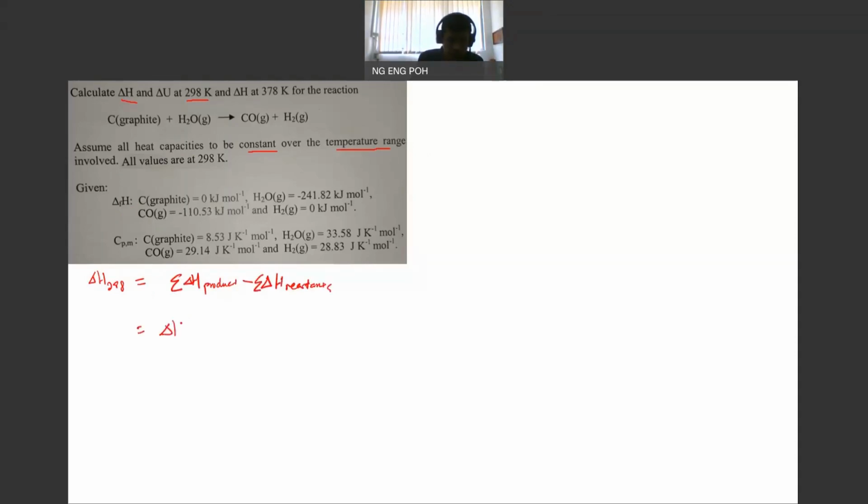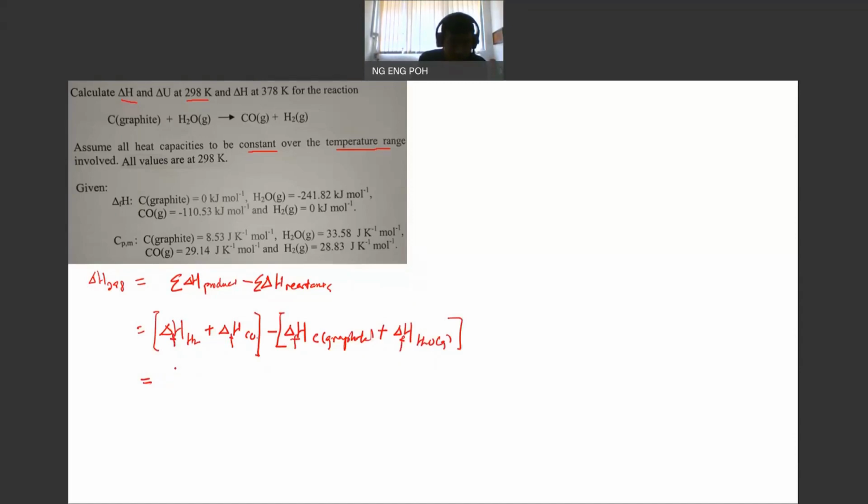So this is delta H for H2 plus delta H CO, minus delta H C graphite plus delta H H2O gas. Then these are the delta H formation values.